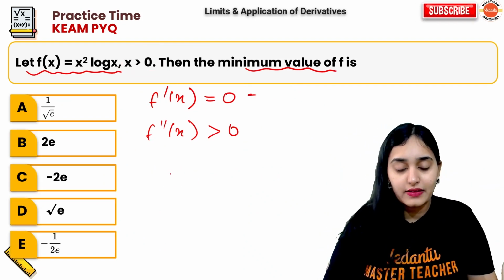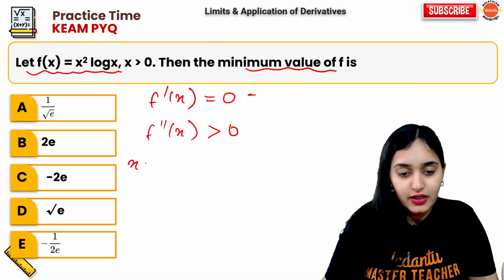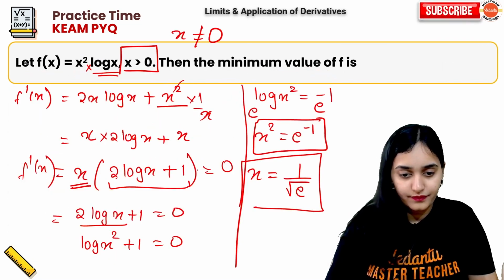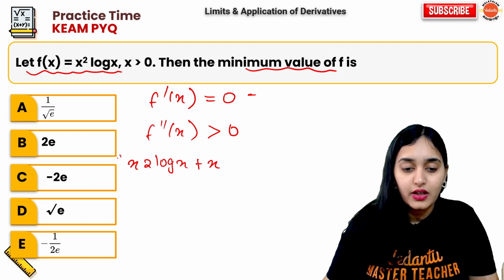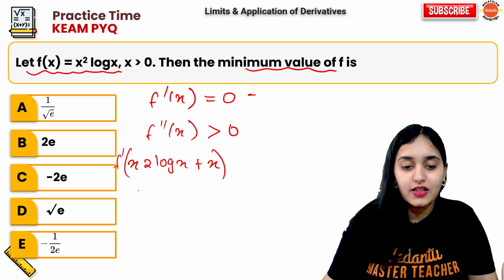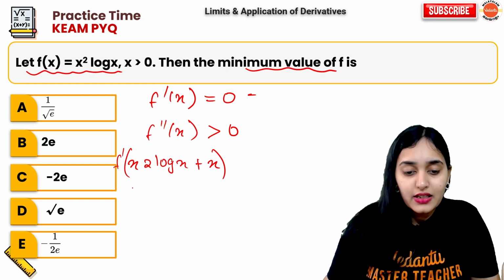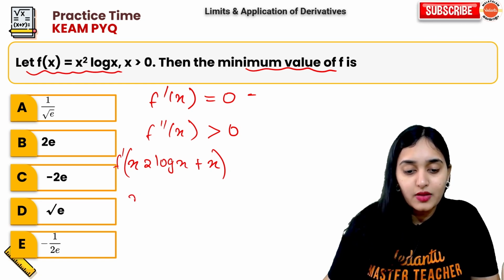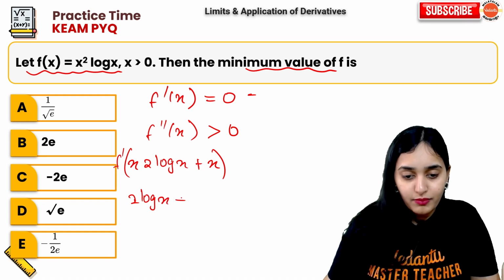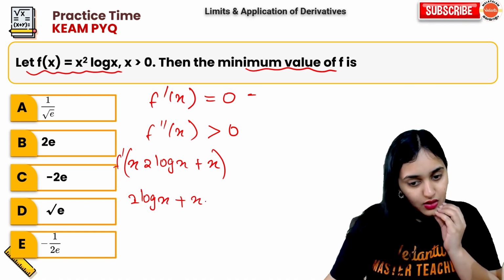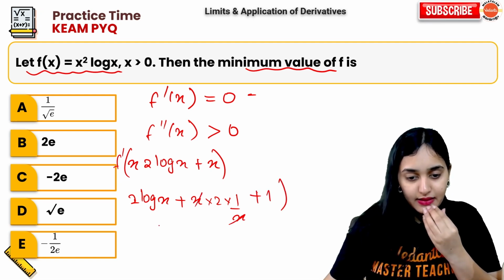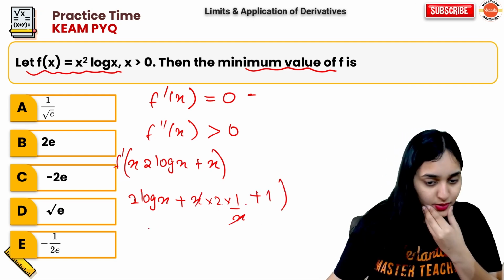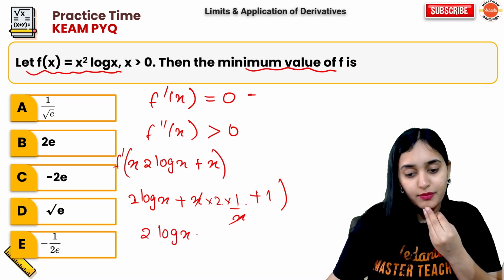Differentiating x into 2 log x, we get 2 log x plus x into 2 into 1 by x, plus 1. x cancel. So we have 2 plus 1, 3. 2 log x plus 3.